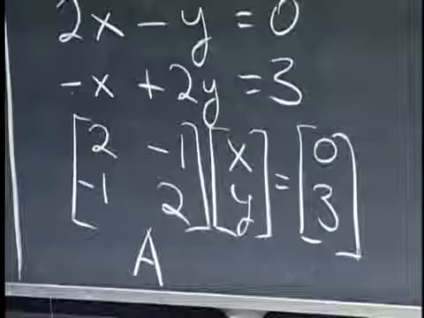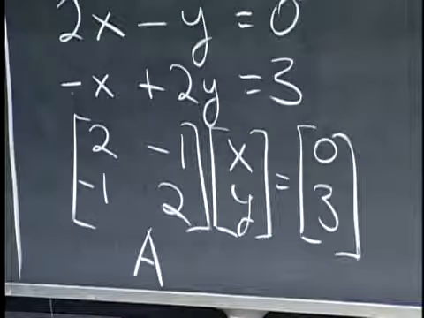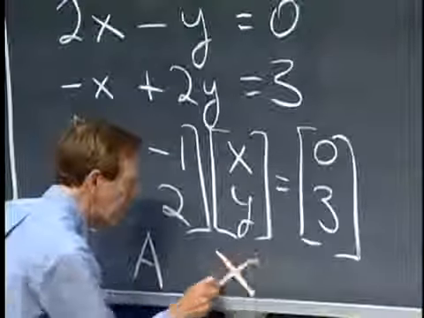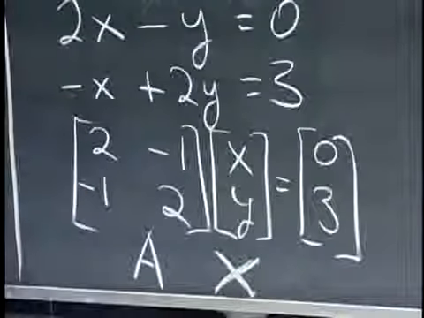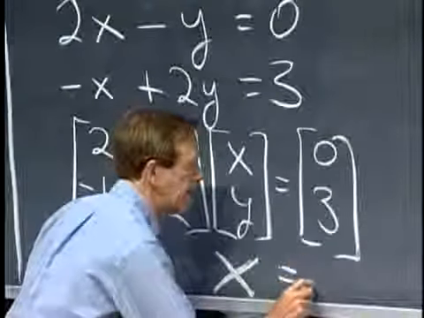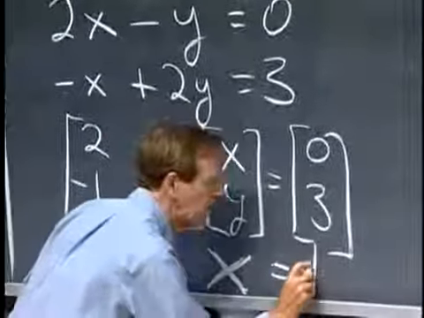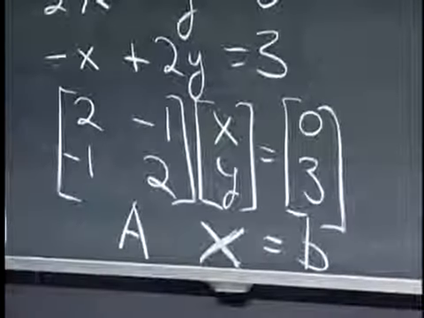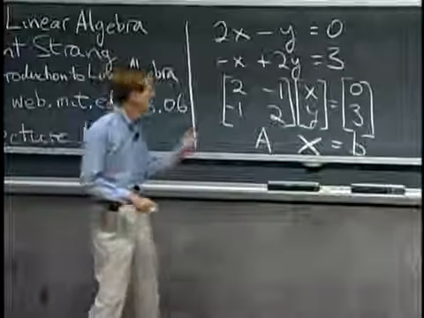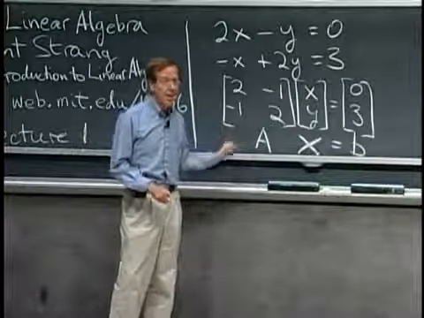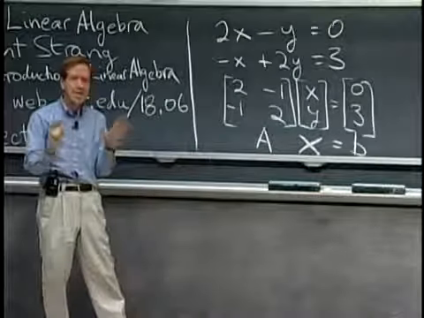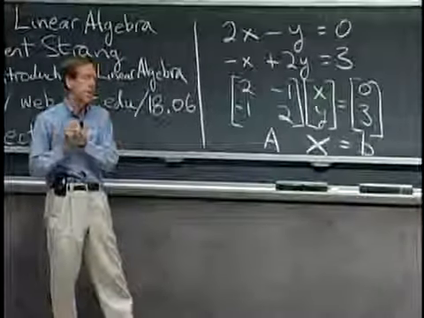Here we've only got 2 unknowns. Later we'll have any number of unknowns. And that vector of unknowns, well, I'll make that X extra bold. And the right-hand side is also a vector that I'll always call B. So linear equations are AX equal B, and the idea now is to solve this particular example and then step back to see the bigger picture.